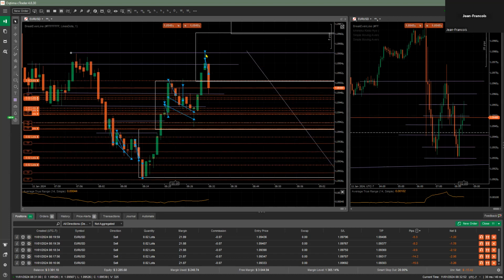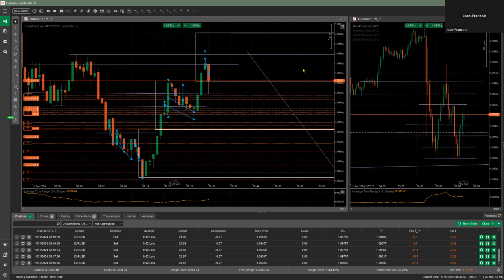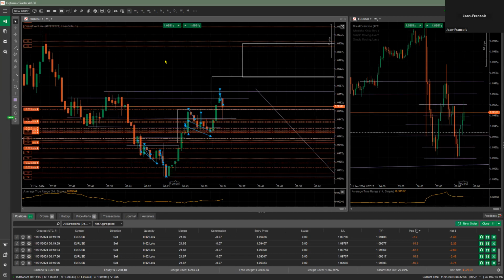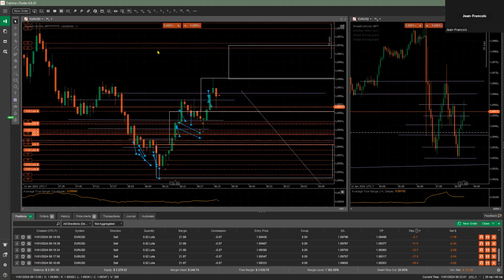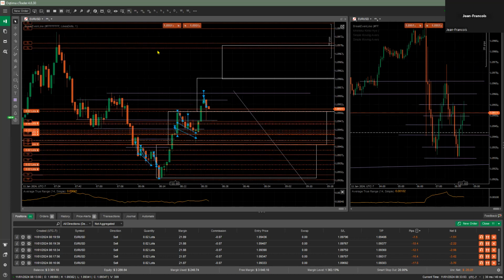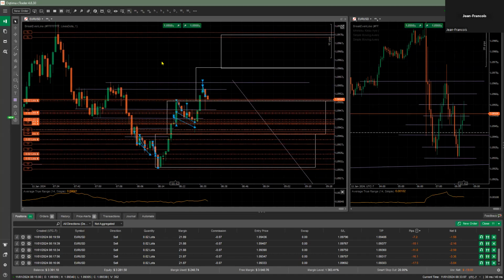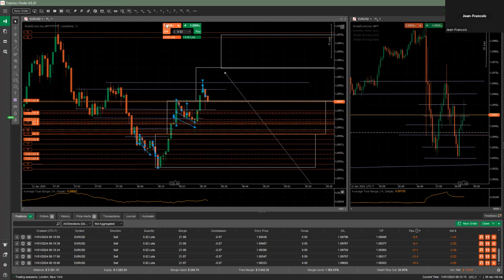From this level to this level, there's just enough to take out a bunch of stops. So any kind of a push higher, you want to sell it. And we're just recycling the money that we just closed, the margin we just closed.